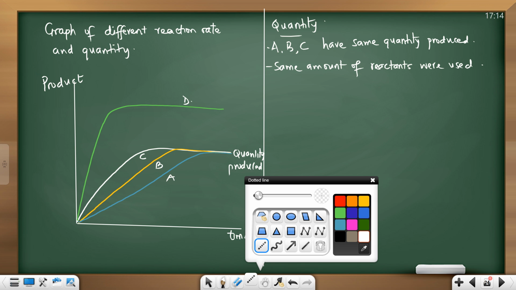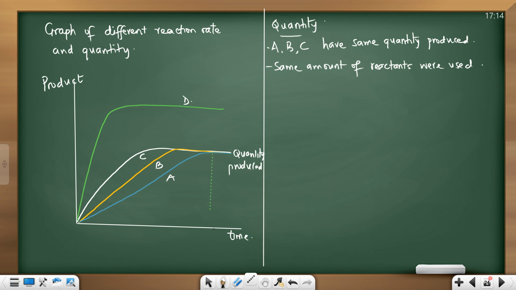But then, what do I notice from this graph? Let's use a green one to draw. This is TC, TB, and TA. There's something we spoke about. We said when the line becomes straight, it means that's the maximum quantity produced.